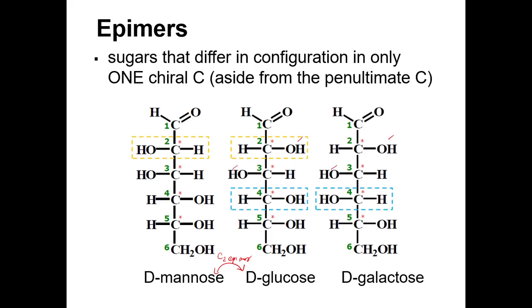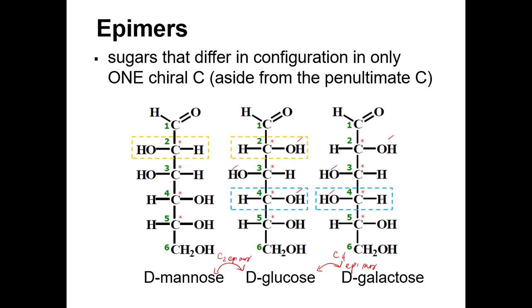And here comes the difference. In carbon number 4, the OH group for glucose is on the right, while the OH group for galactose is on the left. So we can say that glucose and galactose are also epimers, but in the C4 position.